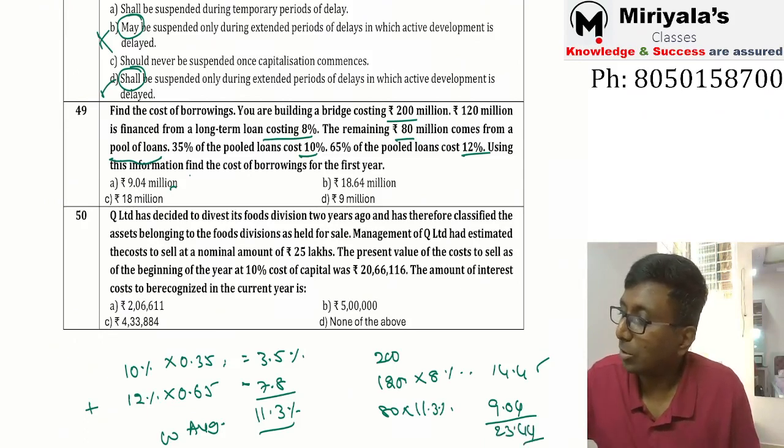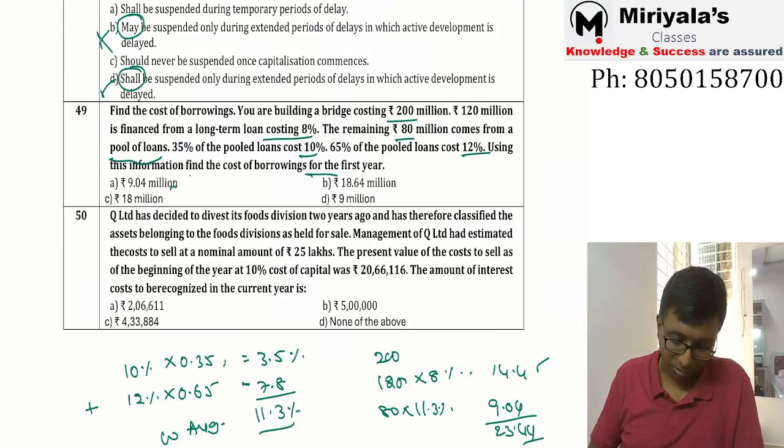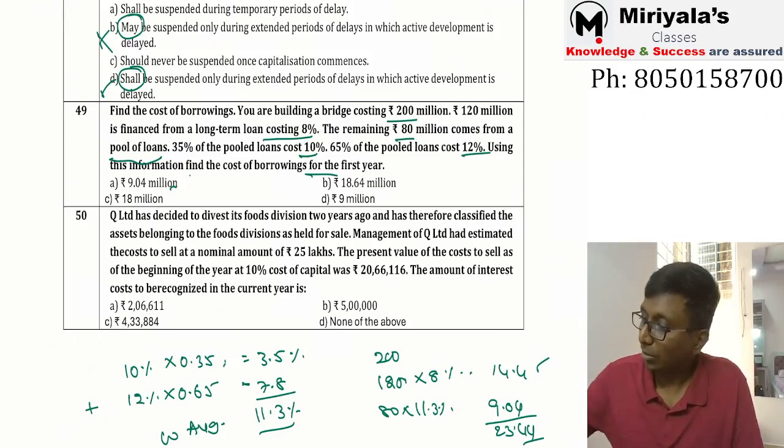Find out the cost of borrowing for the first year. Yes. How come wrong? Using the information, find the borrowing cost for the first year. You have done correct, no? 120, no? Sorry, 120 into 8 percent, no? Yeah, this is 120. I wrote 120 here, but I calculated 180.